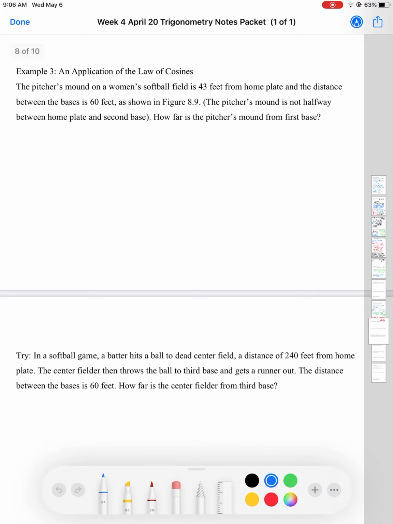So it gives you the picture in the book, but if home plate is right here, and then first base is right here, and then second base is right here, third base right here.